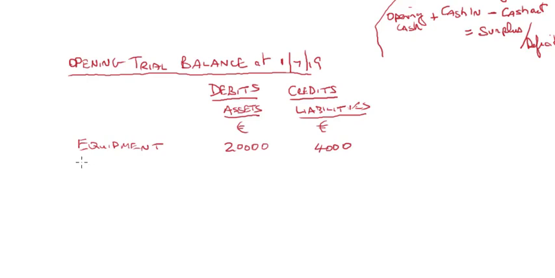Any other assets? Stock. There was some closing stock last year, which will now become the opening stock this year. So we put that in, it's an asset, of course, so it's on the debit side. The debtors is the next one. I think we said that the debtors were 20,000, and of course debtors are an asset, a debt owed to the business.